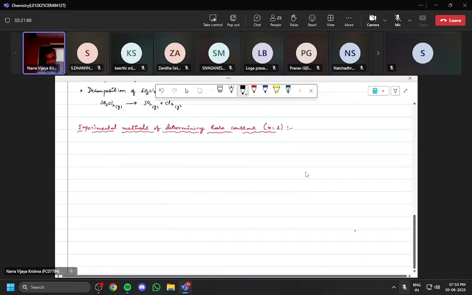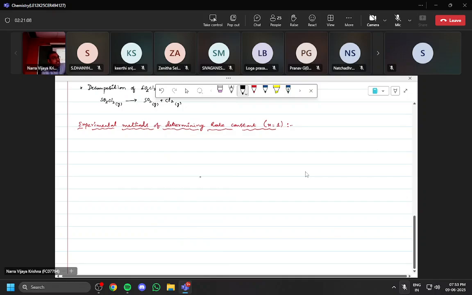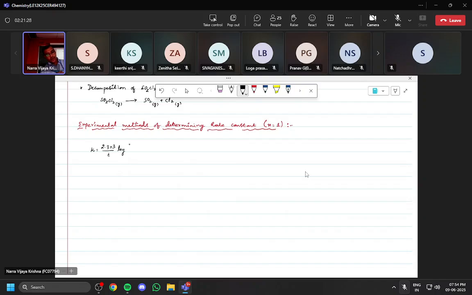Now say this. Irrespective of any method, we can measure rate constant in terms of volume, in terms of pressure, in terms of optical activity, and so on. Right? Just remember this format: K equal to 2.303 by t log (V infinite minus V naught) upon (V infinite minus Vt).